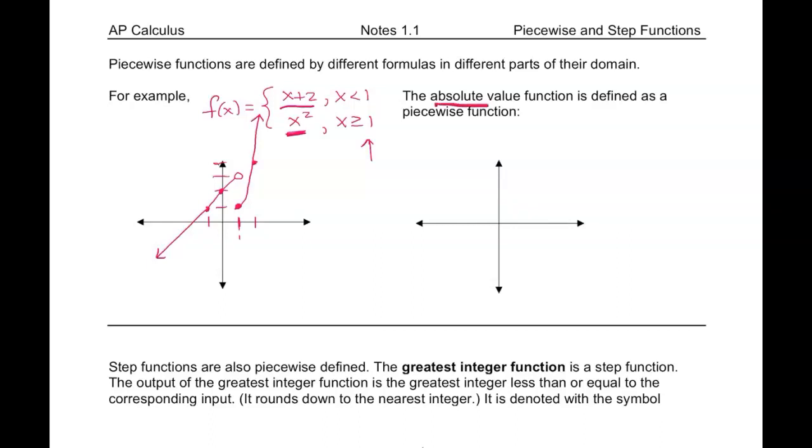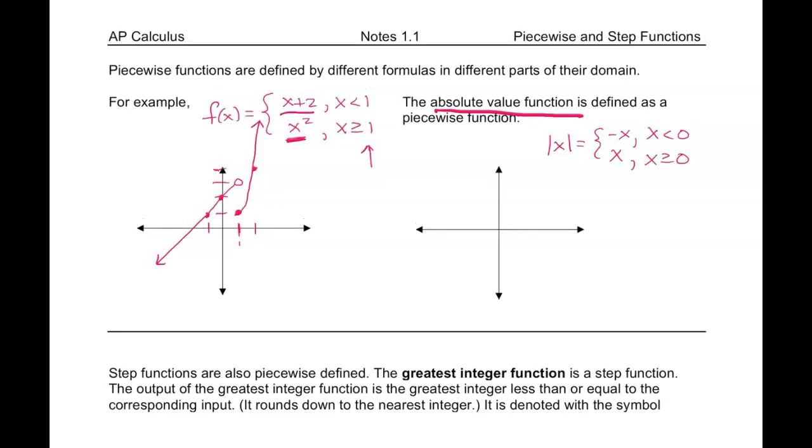The absolute value function is one of these piecewise functions. The definition of absolute value is that absolute value of x equals the opposite of x when x is less than 0. And then the absolute value of x equals x itself when x is greater than or equal to 0. So it's unchanged when x is greater than or equal to 0.